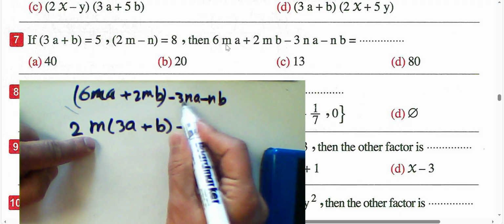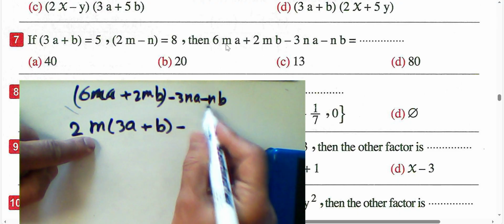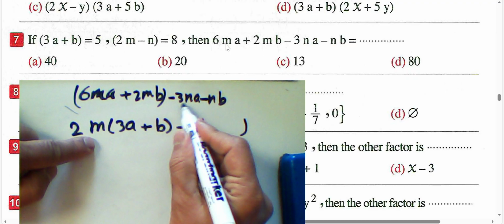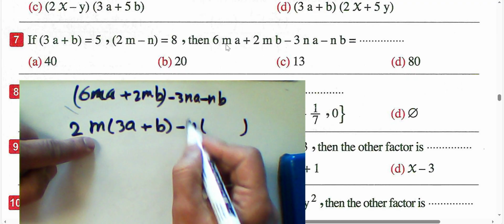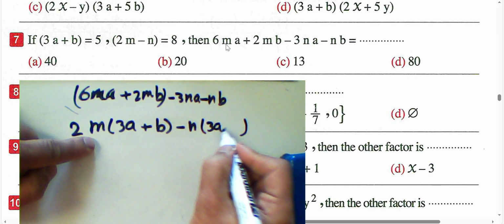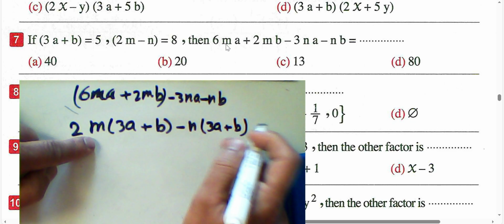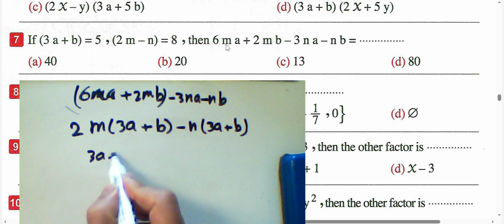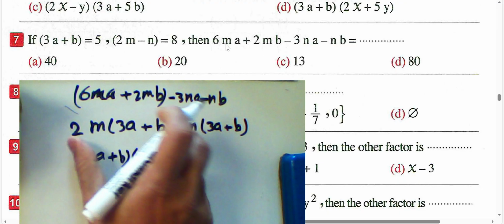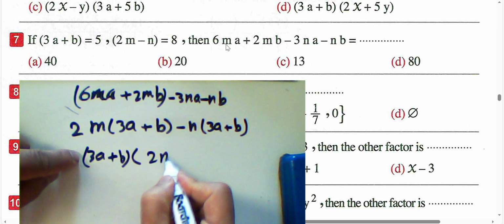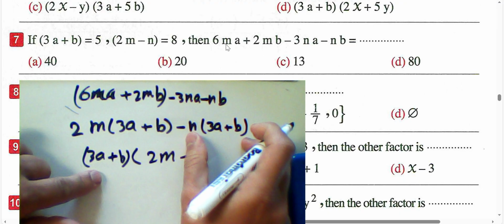Right, negative between them, and also n is repeating. Negative 3 divided by negative is positive 3a. Negative divided by negative is positive. n divided by n is 1, b. Then 3a plus b is the common factor. 3a plus b times this expression, dividing the expression gives 2m. And this expression divided gives n.